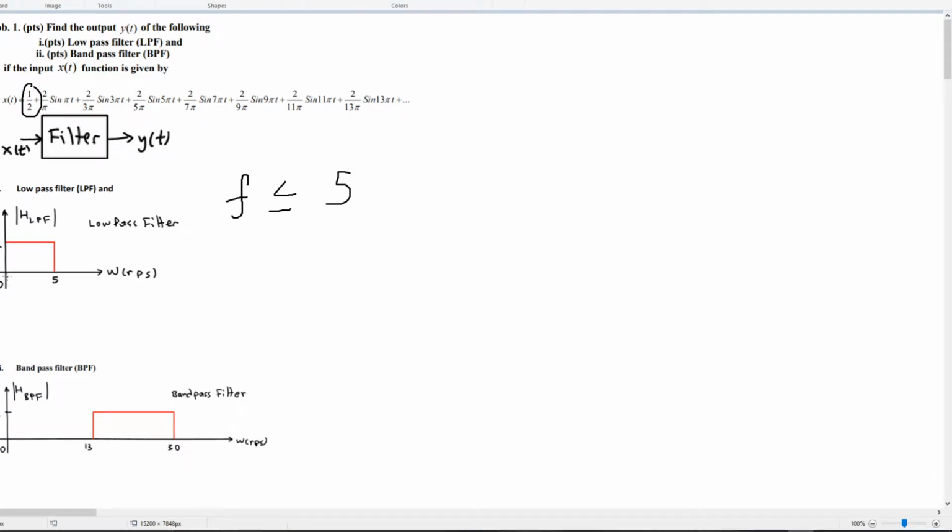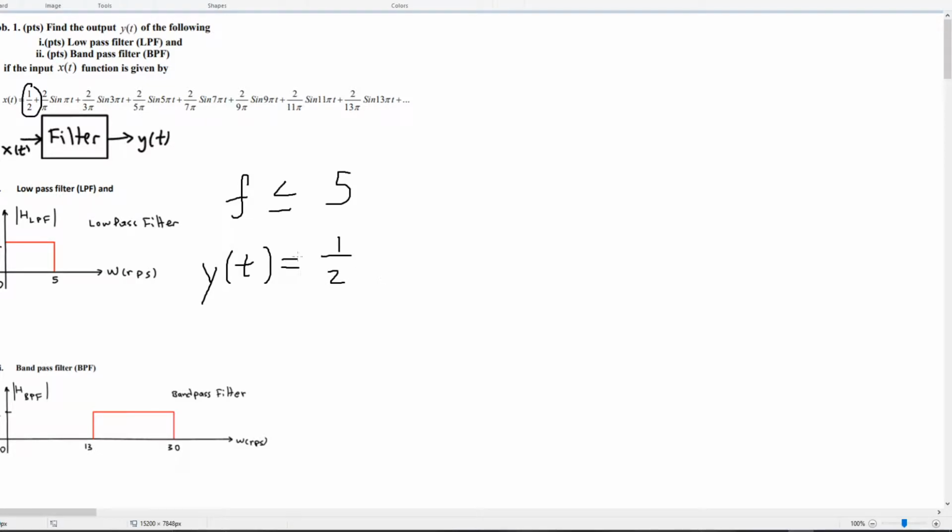So this is basically 0, right? If this is 0, this is within the low pass filter. It's from 0 to 5, pretty much. With that being said, this will pass into the equation, y of t. So we're going to start with that. This will be our first term.